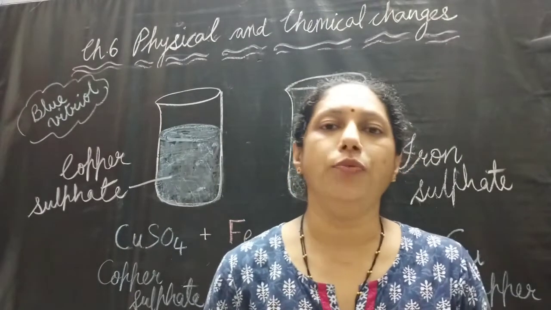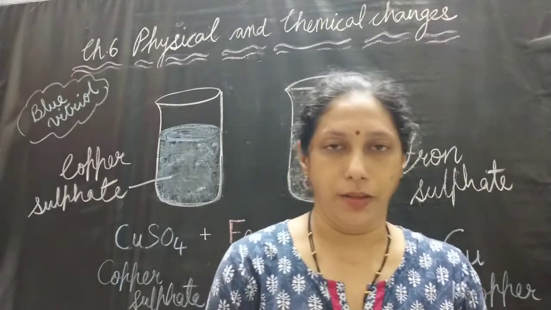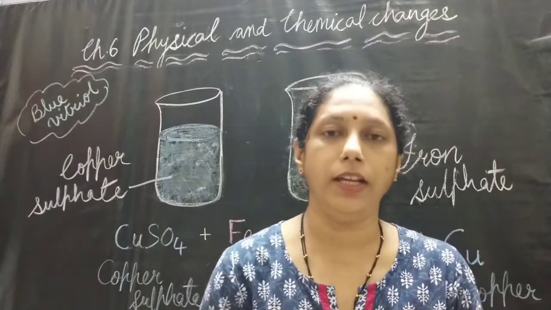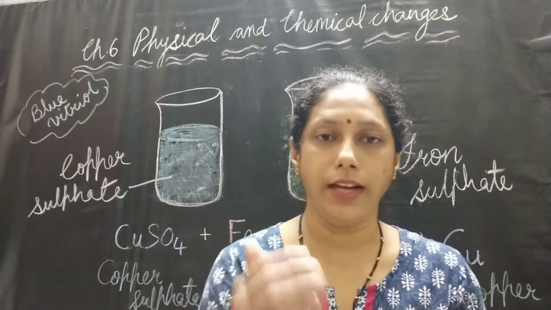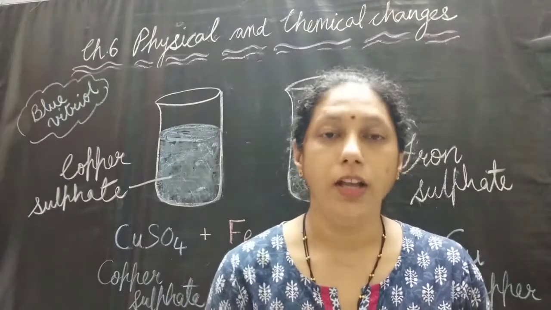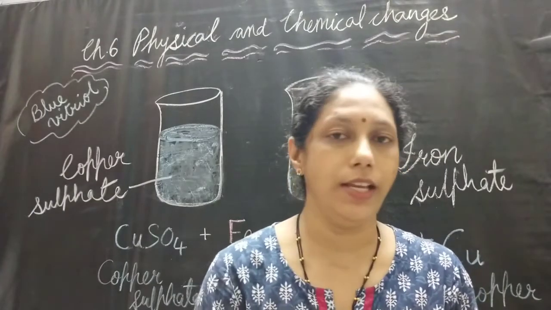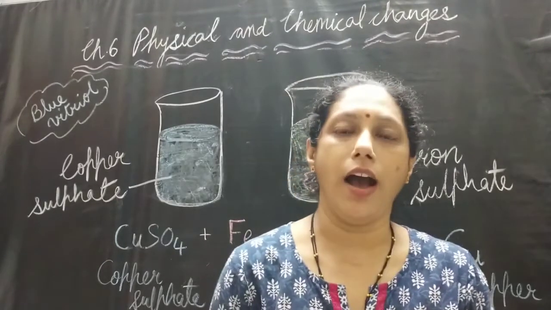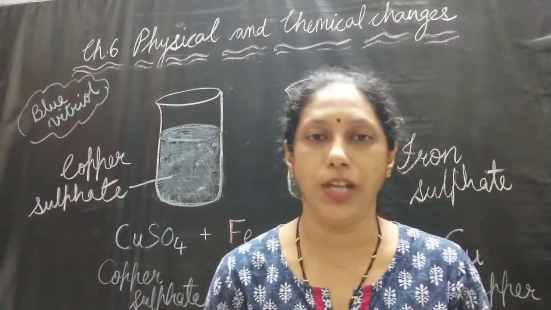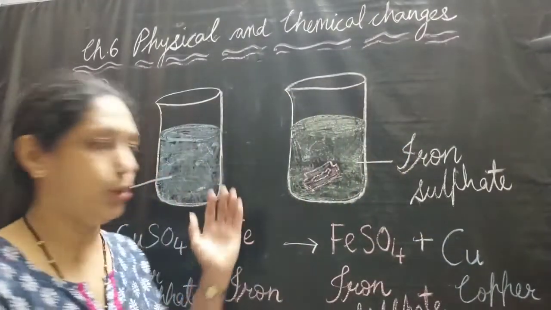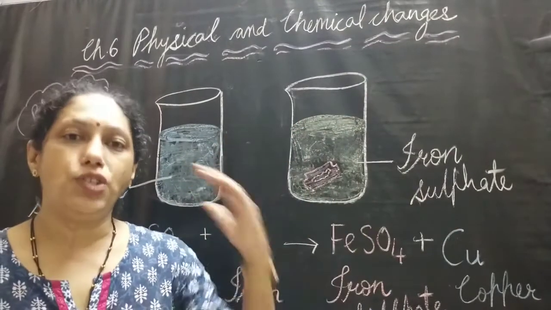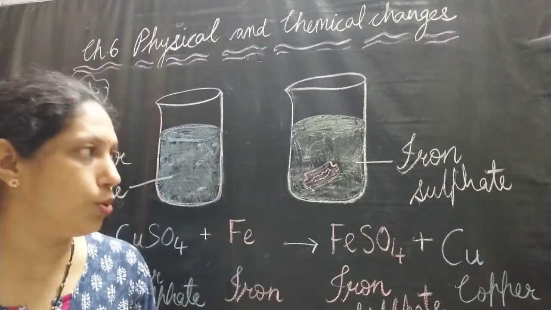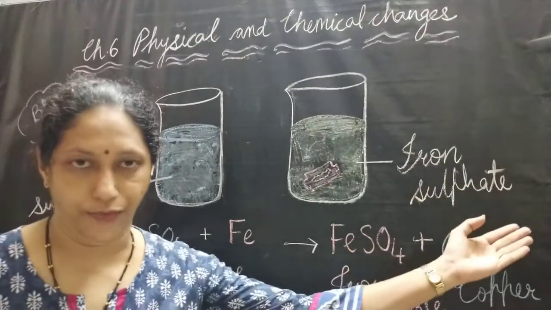A small amount of the solution is kept in another beaker, and in the remaining solution a shaving blade or a nail is kept for an hour or so. After an hour, the color of the solution changes from blue to green. This change in the color is due to formation of iron sulphate.